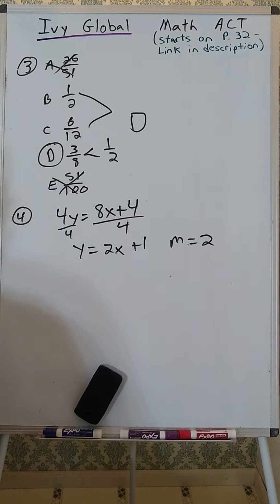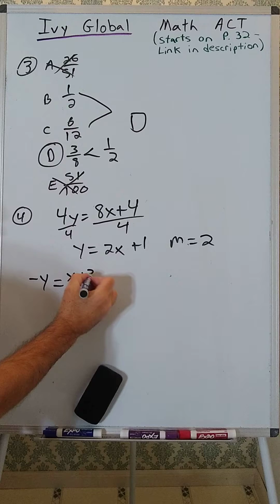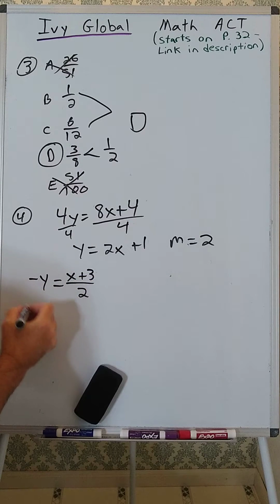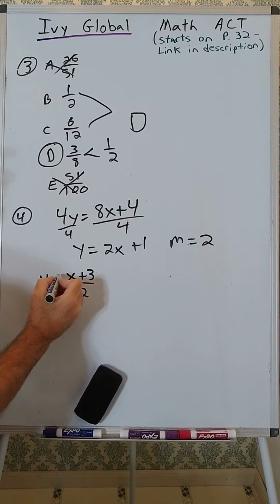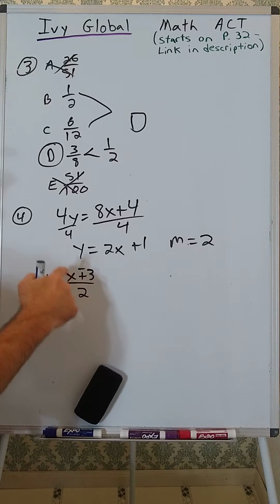So I look at the choices, first one being the opposite of y equals x plus 3 over 2. And in this one, multiply both sides by -1. Now we'll have y equals that.